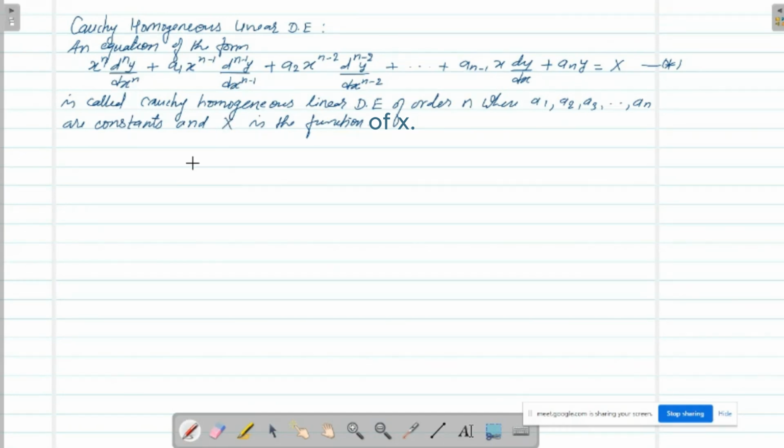Okay, so what are the methods to solve the Cauchy homogeneous linear differential equation? So there are methods on how to solve this type of differential equation. Method of substitution.